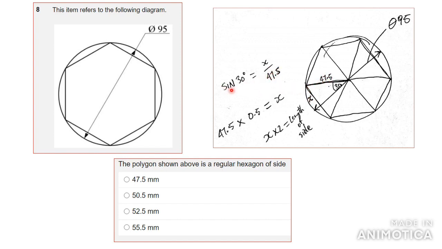So here you see sine 30 would be equal to x over 47.5, and in order to figure out x, you have to move 47.5 over on the other side, and once you calculate 47.5 times 0.5, you will get x. However, that's not all. You also need to multiply the answer times 2 in order to get the length of the side. So okay, that's the more complicated answer. All right, so the answer would be 47.5.